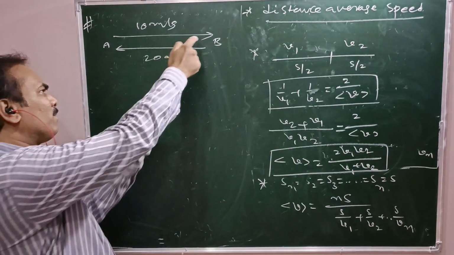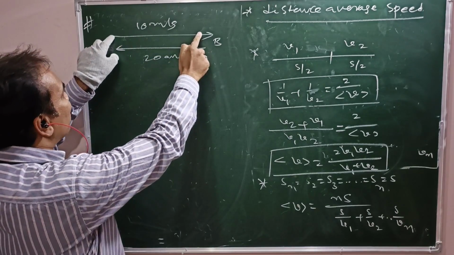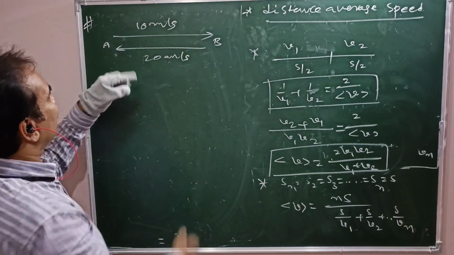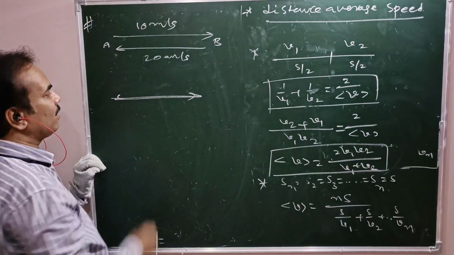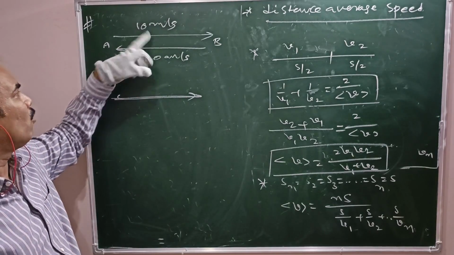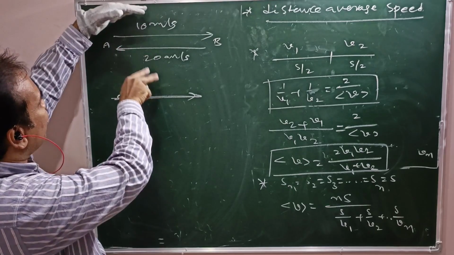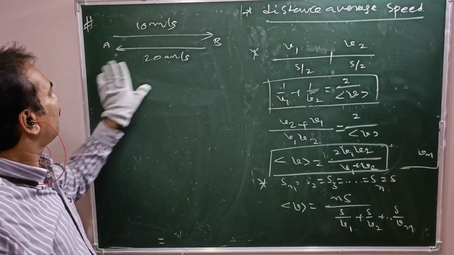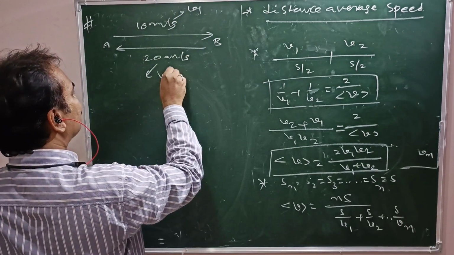Again retraces from B to A. In fact, this line also coincides here only, but I am showing separately. It goes forward and again retraces left. Two different lines, in fact. Both are coinciding like that, but I separated both lines. Suppose this is V1, this is V2.